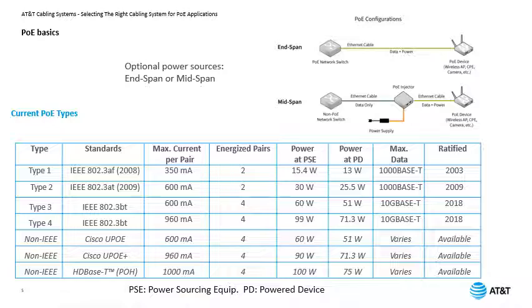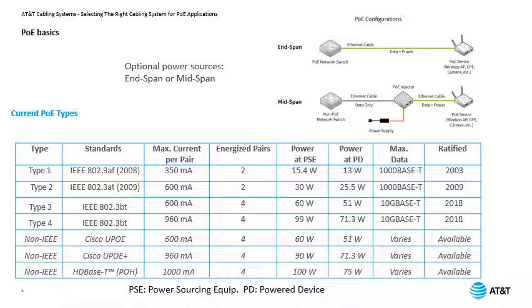Let us have a look at the types of POE. We have, according to IEEE, 4 types of POE. Type 1, which can deliver up to 350 milliampere per pair. Type 2 can deliver 600 milliampere.